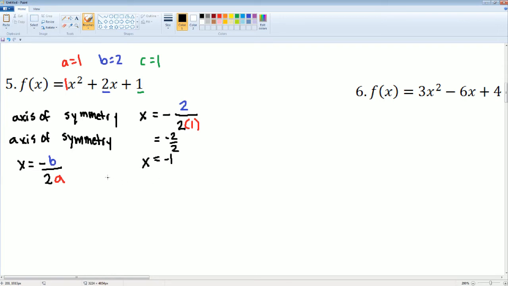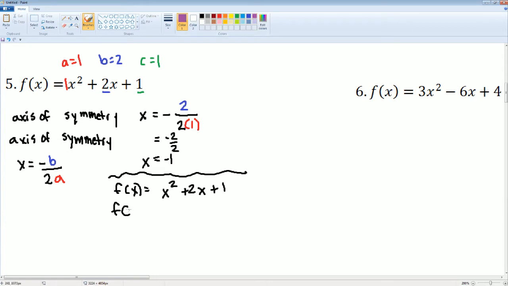Good. Now we want to plug it in here to find y. This is the original equation: f of x is equal to this. Now I'm going to plug in the -1.